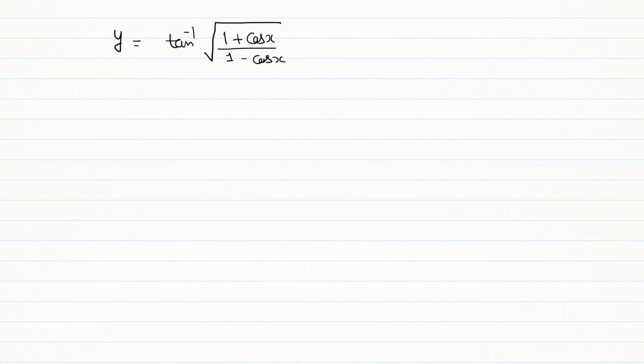We know that in these questions the trick is we must substitute that value of cos x which will cancel 1, and two such possible values are 2 cos square x by 2 minus 1, or it can be 1 minus 2 sine square x by 2.